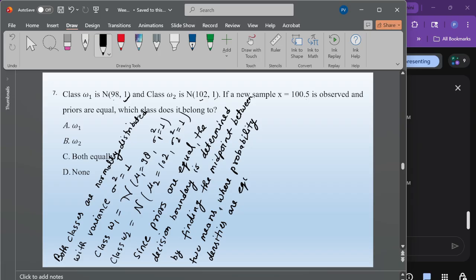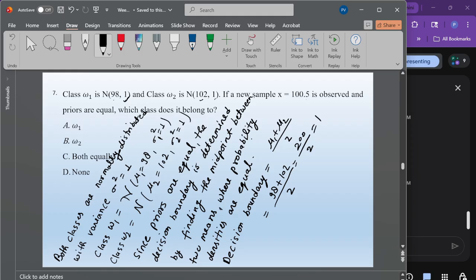So the decision boundary is mu 1 plus mu 2 by 2, that is 98 plus 102 by 2. So we get 200 by 2, and the boundary is 100.